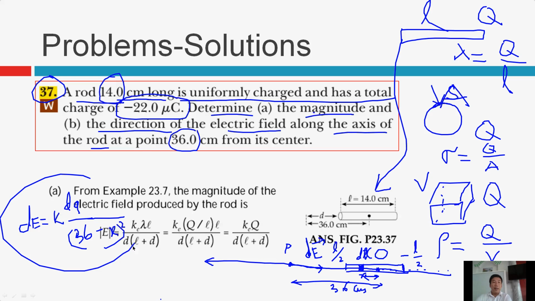We already have dE, and you know that because the size of the Q is not changed here, the direction of dE is the same. It means that we have E equal integrate dE, right?